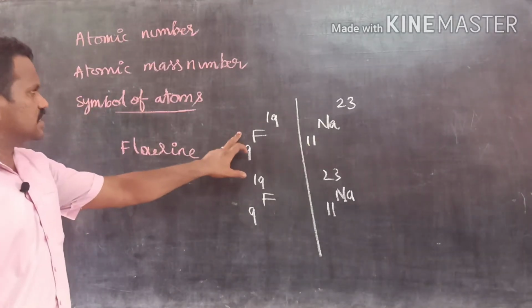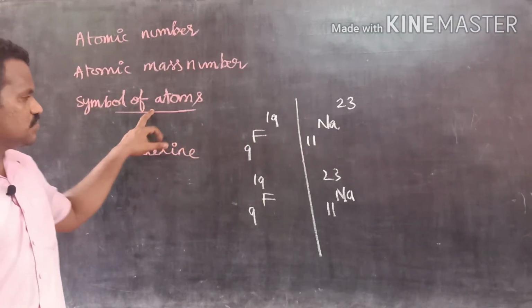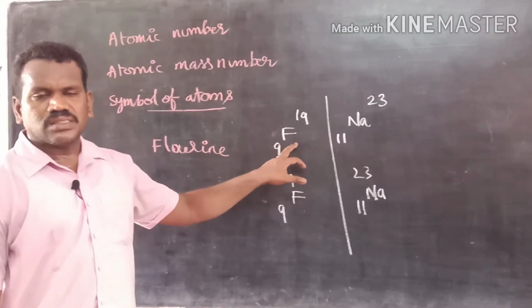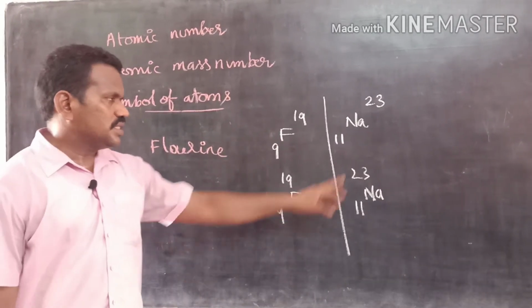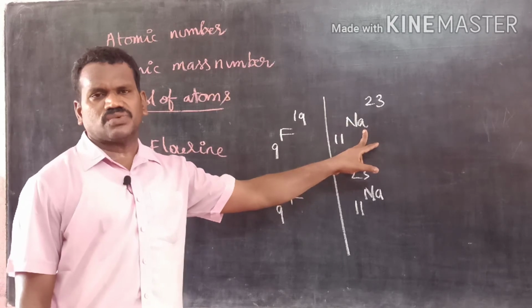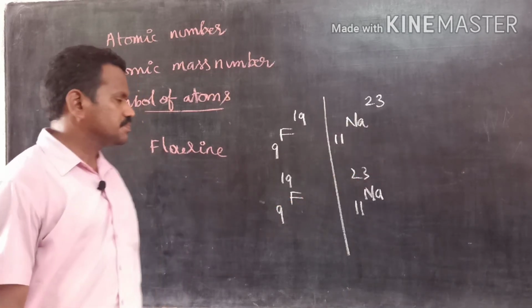Here F indicates the symbol of the atom, meaning we are describing the element fluorine. Here the representation is Na, meaning we are representing sodium.